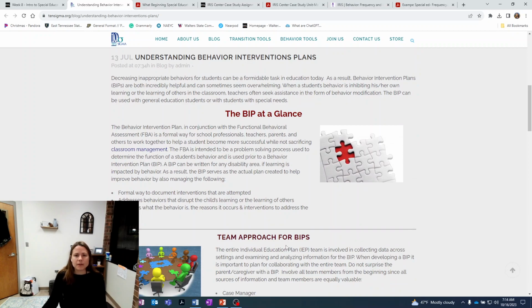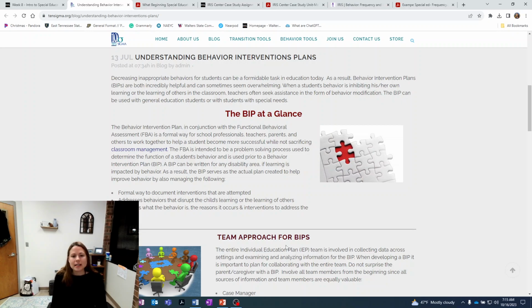So what is this functional behavior assessment? Well, it's really a formal process, a way for you as teachers or professionals and parents to come together and be more successful and specific in how to solve a problem, right? It's determining what the function of the student's behavior is. So what are they trying to communicate with you, right? What are they trying to get?